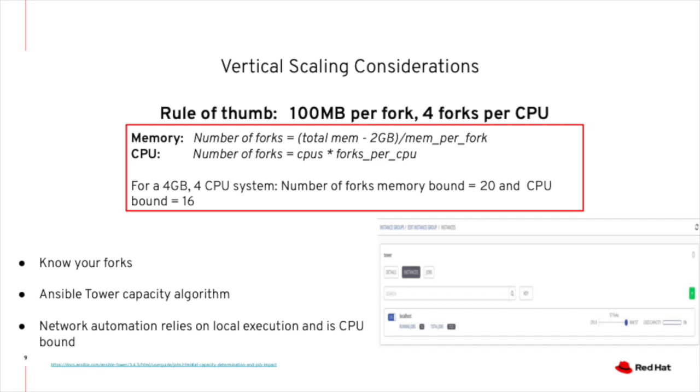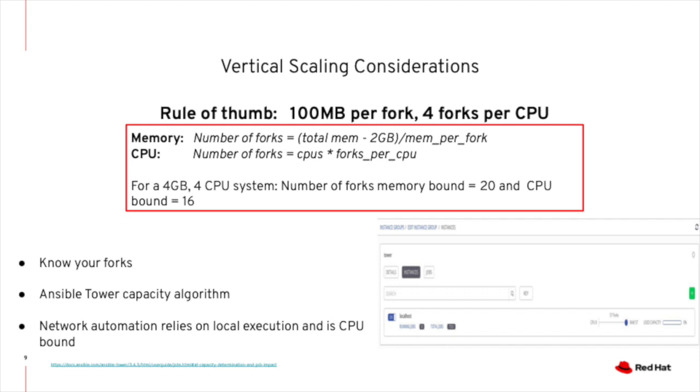So, from a memory standpoint, the way this is calculated is take the total memory, subtract 2 gigs, right? 2 gigs is reserved for Tower's jobs, and then you divide it by the memory required for 1 fork, which is 100 MB. Okay. Similarly for CPUs, right? If you have X number of CPUs, you know that 4 forks can run on 1 CPU.